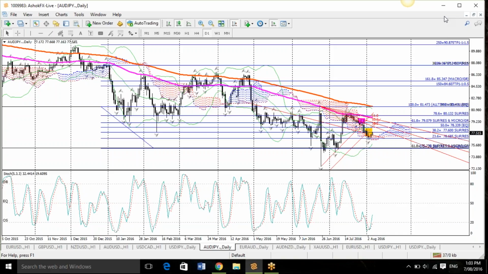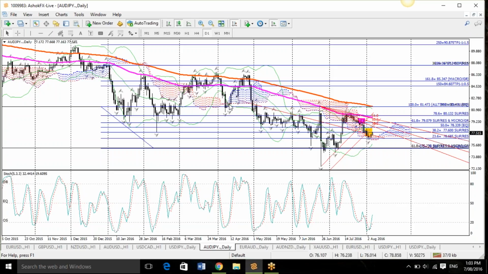The job numbers and the hourly earnings were also good, and as a result, dollars were rallying against other major currencies such as dollar yen, euro dollar, Aussie dollar, New Zealand dollar. Everything was in favor of dollars.